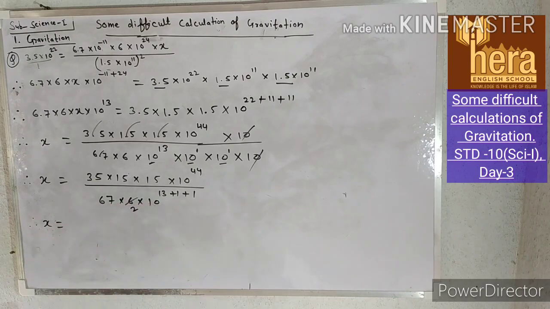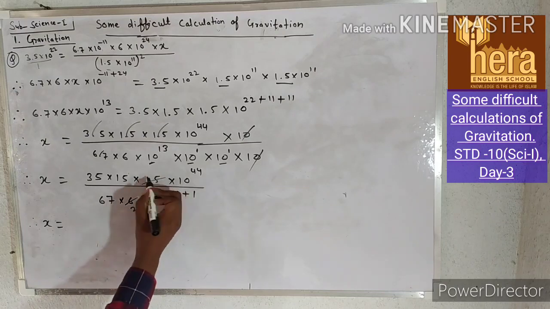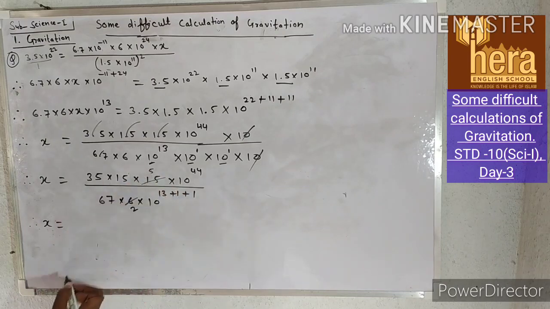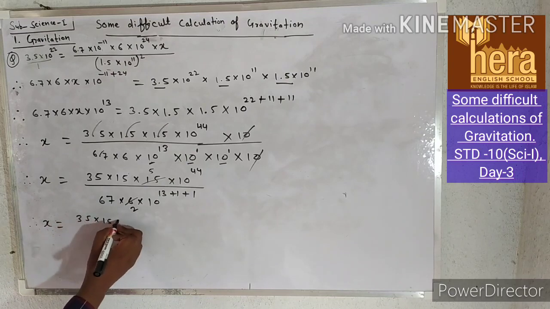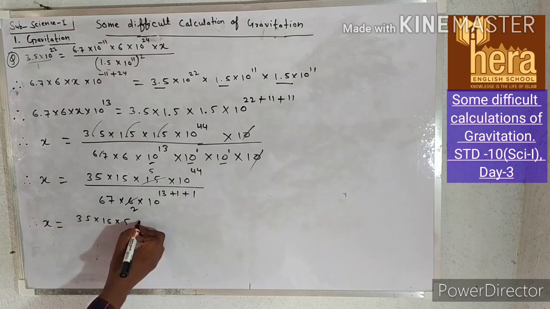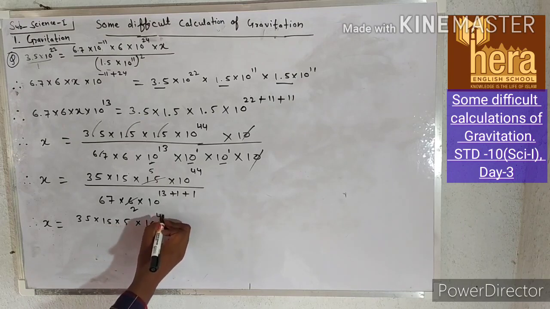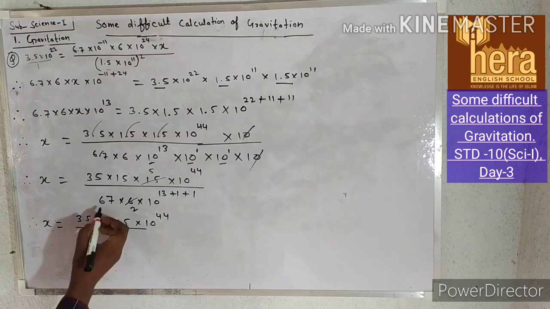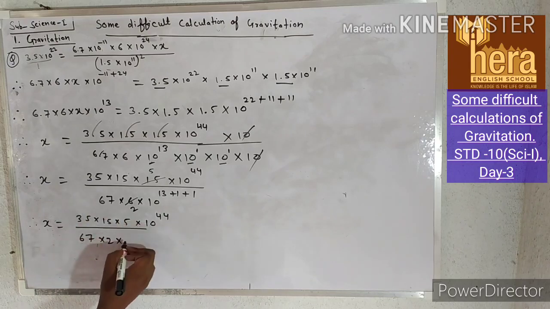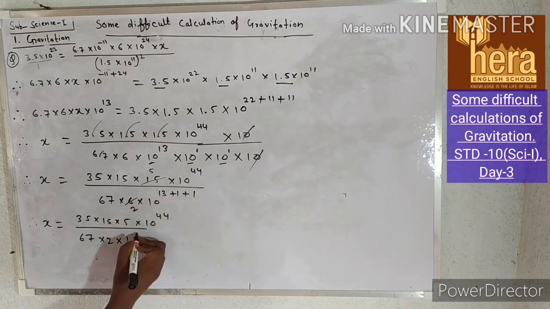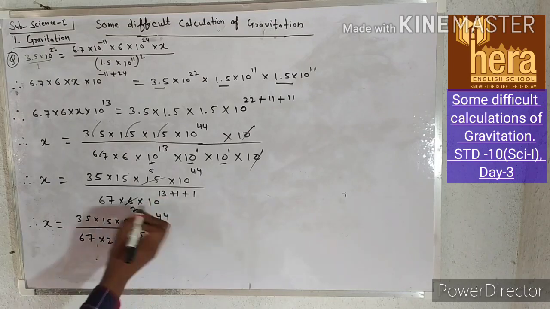3 2s are 6, 3 5s are 15. 35 into 15 into 15 into 10 raised to 44 divided by 67 into 2 into 10 raised to 15.